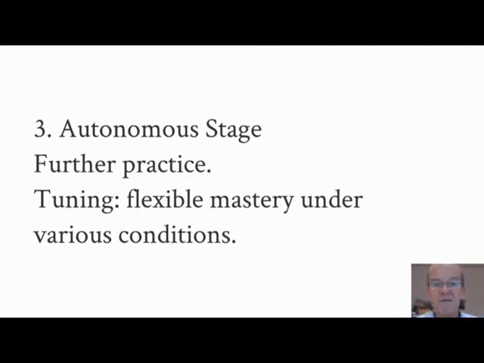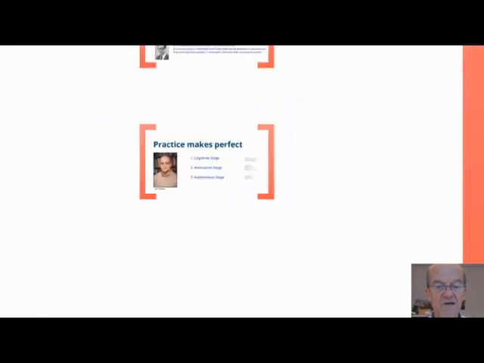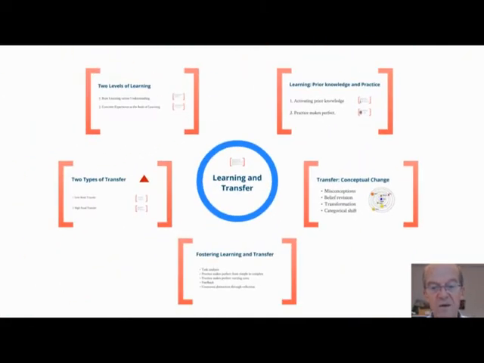Now that's a big step, and you need further practice in order to be able to master that level of performance. And you can in fact perform the piece under various conditions, and you have a flexible mastery of the whole skill. Now this is the way in which John Anderson thought cognitive skills are gradually built up and become automatic parts of your repertoire.